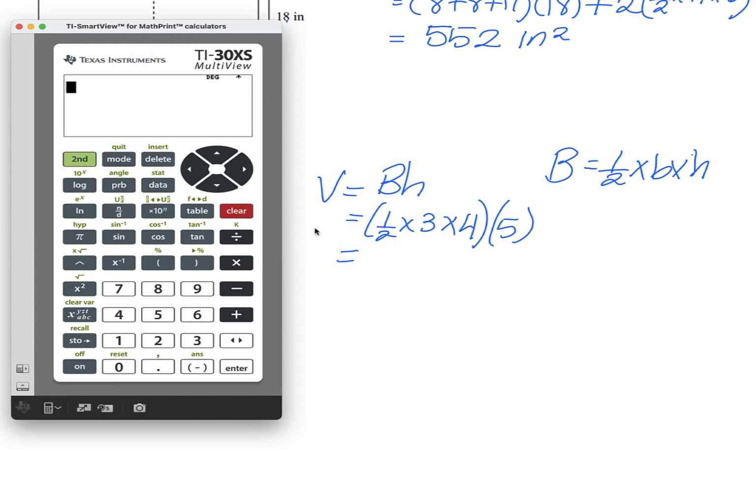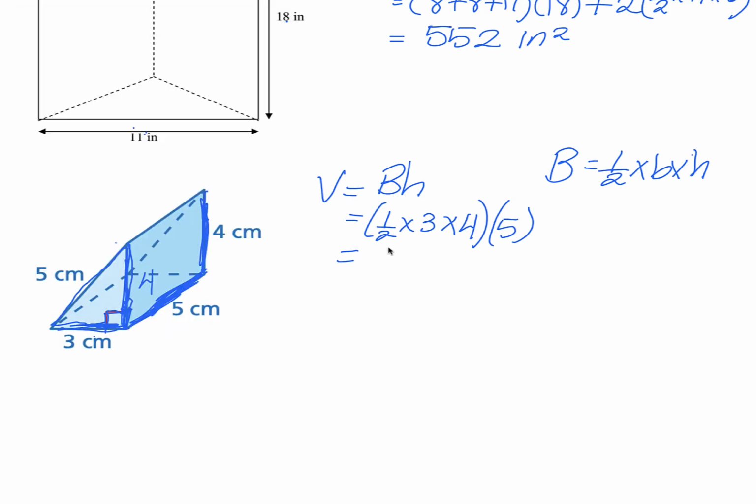Now if you don't want to use half as a fraction, you can write a decimal, 0.5 times 3 times 4 times 5. Enter, and our answer is 30 centimeters cubed. And that is our volume.